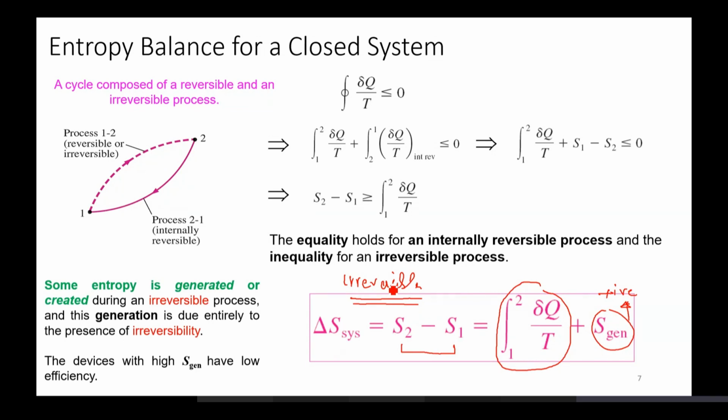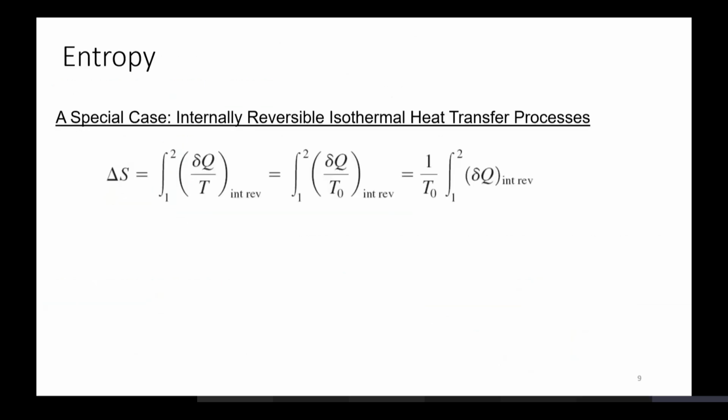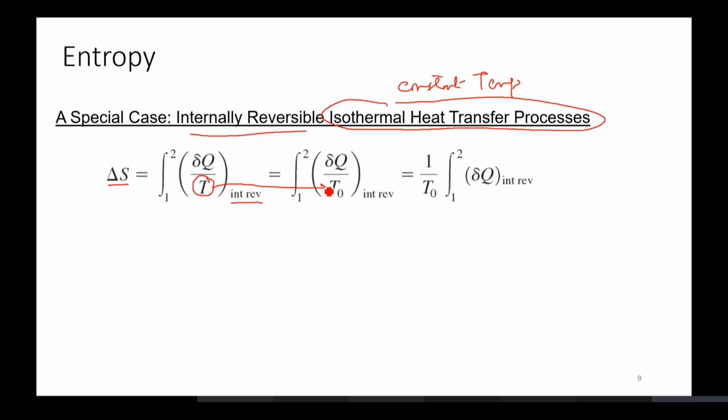Yes, sir. All right. Now moving on to a special case where you have an internally reversible isothermal heat transfer process. That means a constant temperature heat transfer process. In such a case, the entropy change for an internally reversible process is del Q upon T. When you have an isothermal process, this T is constant, which is represented by T naught.